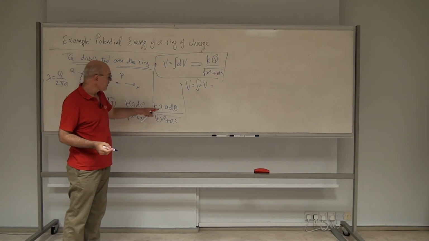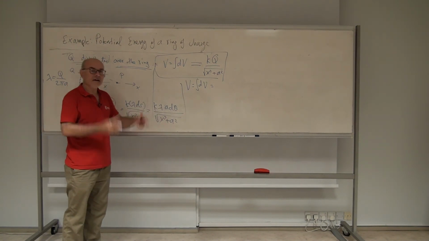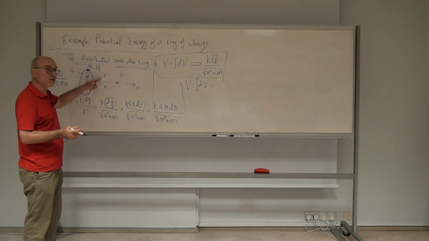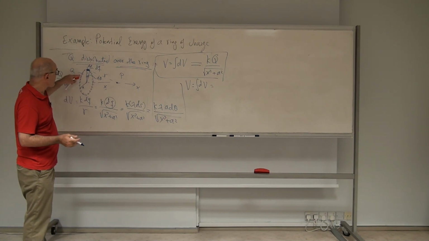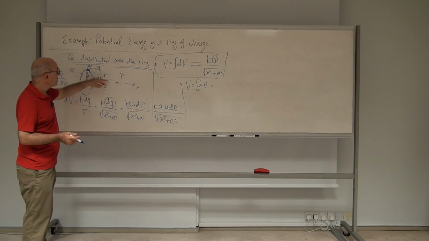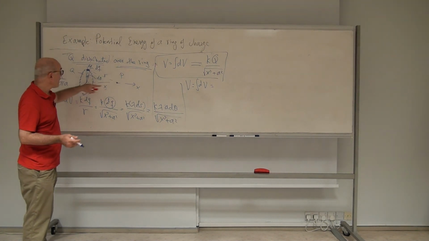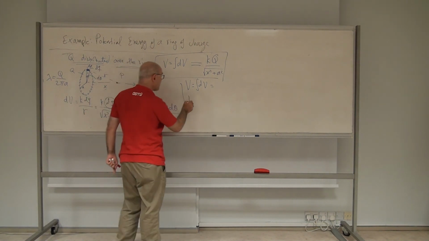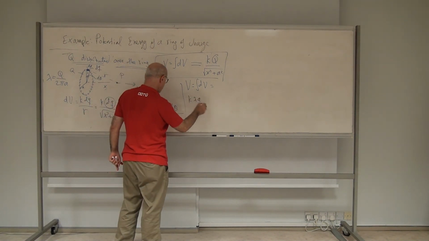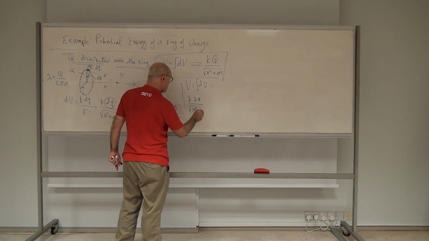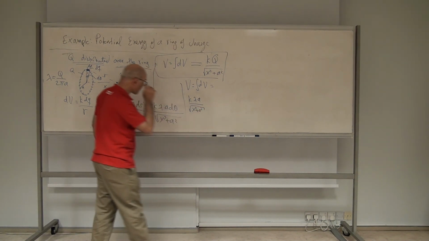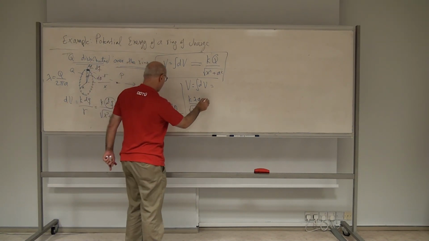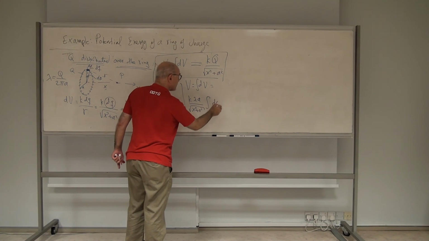Now, if you look here, k, lambda, a, x, and a are all constants for all the dq's, because each dq is at the same distance r from this point P. And it has the same x and the same a. And therefore, the only variable in this case is d theta. So we have lambda a over the square root of x squared plus a squared times the integral over d theta.